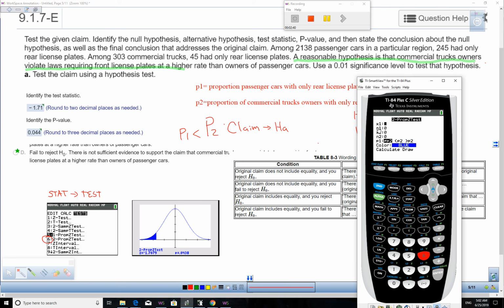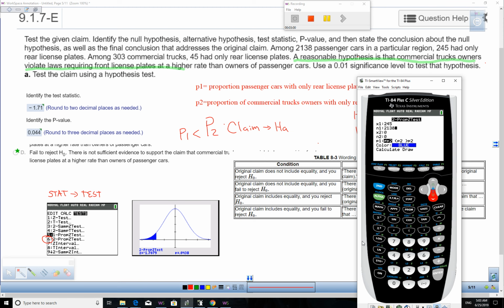So I select number 6 in my calculator. I will write the x1. It represents the number of cars with only rear license plates. In this case, it is 245, and n1 is the total number of cars in that sample, which is 2138.